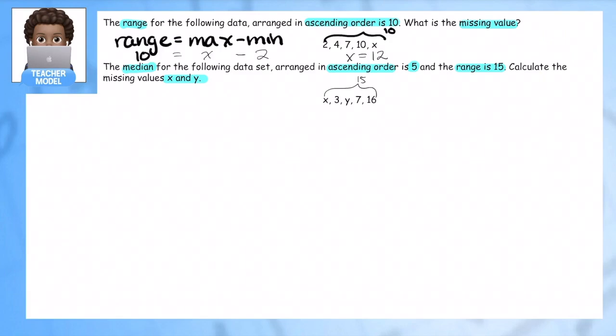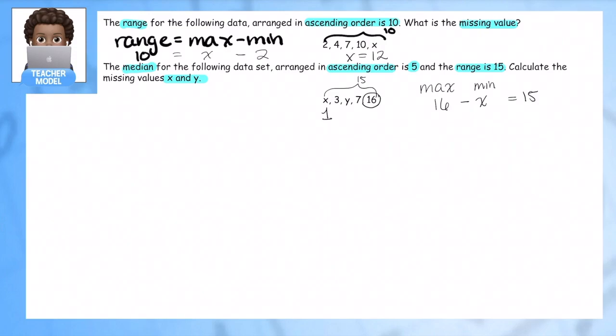So if we know our maximum is 16, what is the minimum? Think. It would be 16 minus what number is 15? It's 1. X is equal to 1. That one is pretty simple to do.